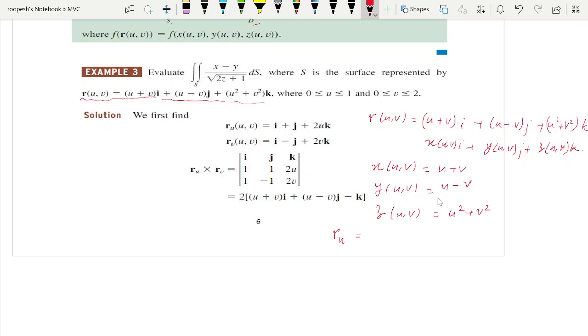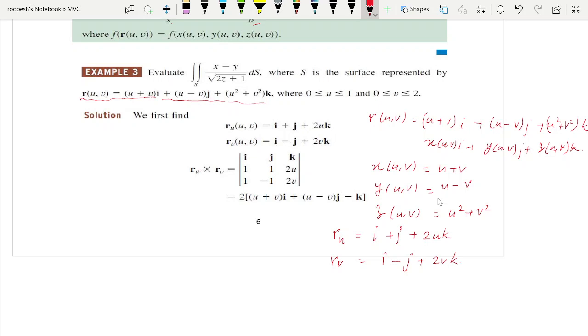This is your r(u,v), so with respect to u: the first case gives i, the second one gives plus j, the third one gives plus 2u k. Similarly, you want to find your r_v. So r_v you will get as i minus j plus 2v k.